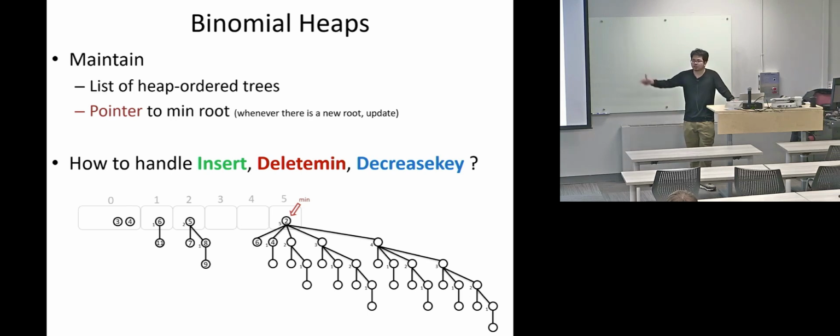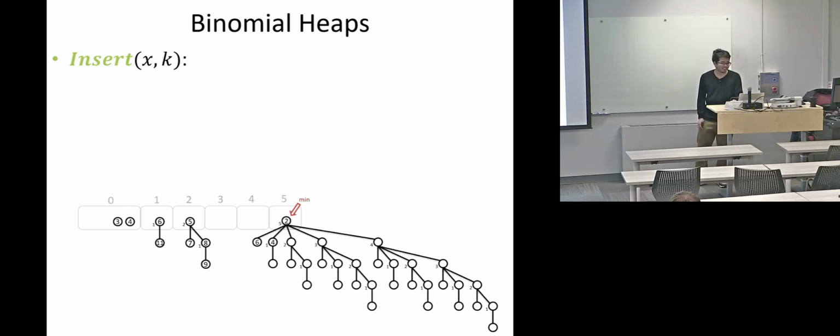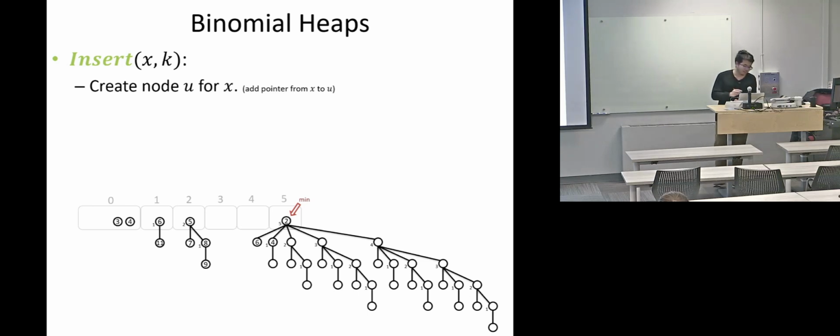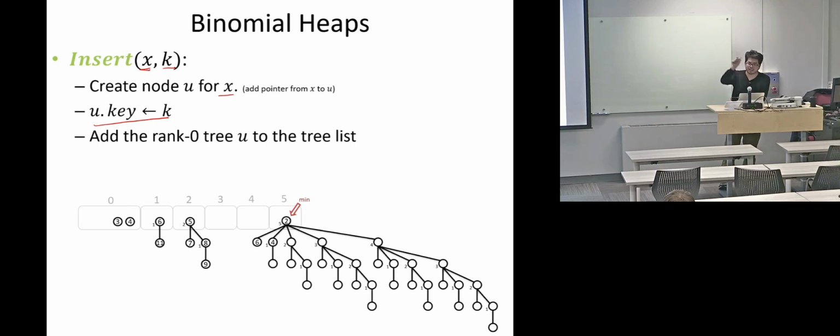Now I just need to describe how to implement insert, delete-min and decrease-key. Insert is going to be simple, kind of trivial. If I want to insert item X with value k, I just create a node U for this item X, with a pointer from item X to that node U, then set the key of U to k, and add it as a rank 0 tree into the list.